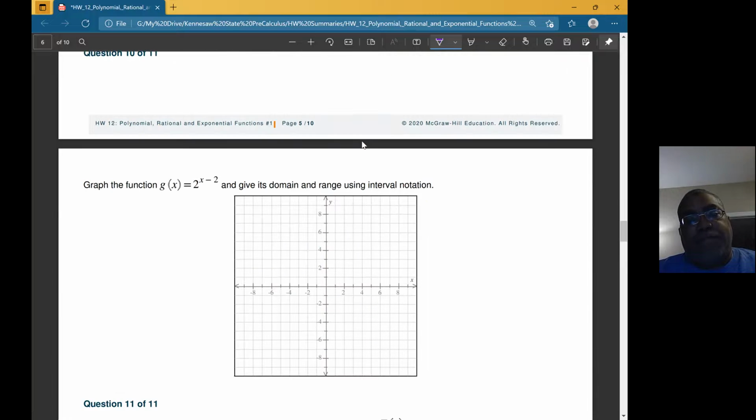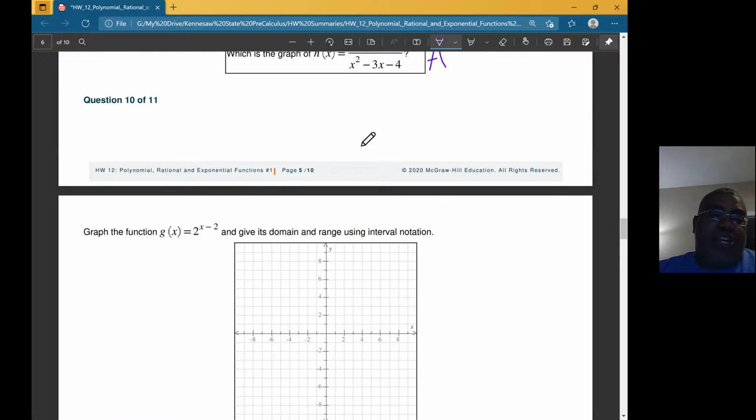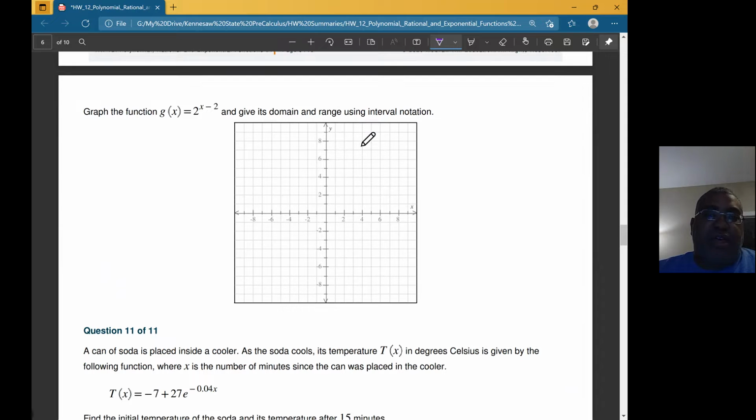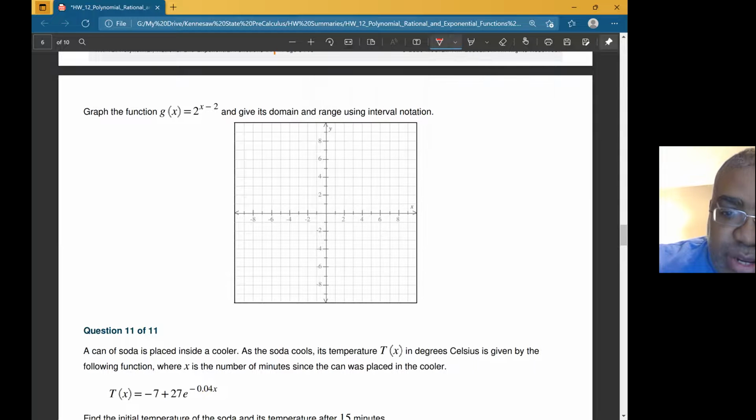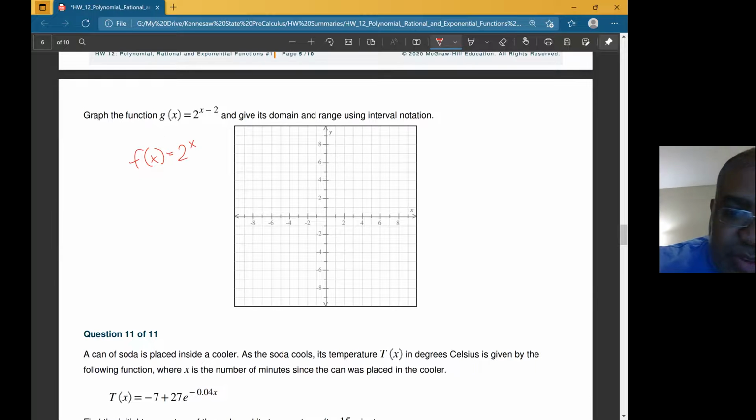All right. Question number 10. Now we're changing gears. Graph this function and give its domain and range using interval notation. So let's change the red and let's make this narrow. The red will be the original function. So the original function of f of x: at 0, 1 is there. 1, 2 is there. 2, 4 is there.